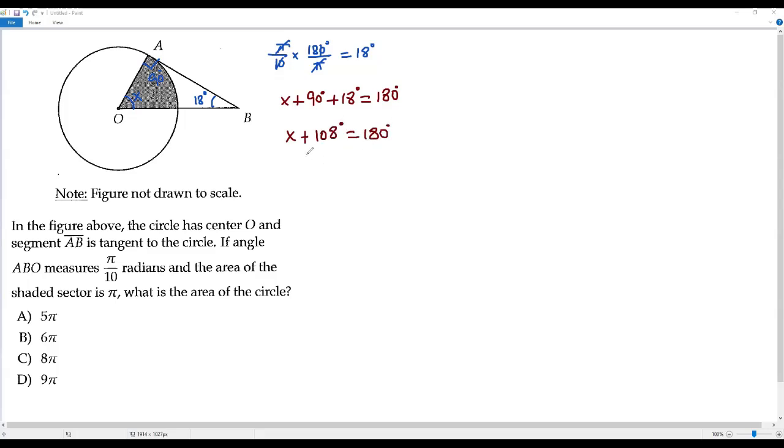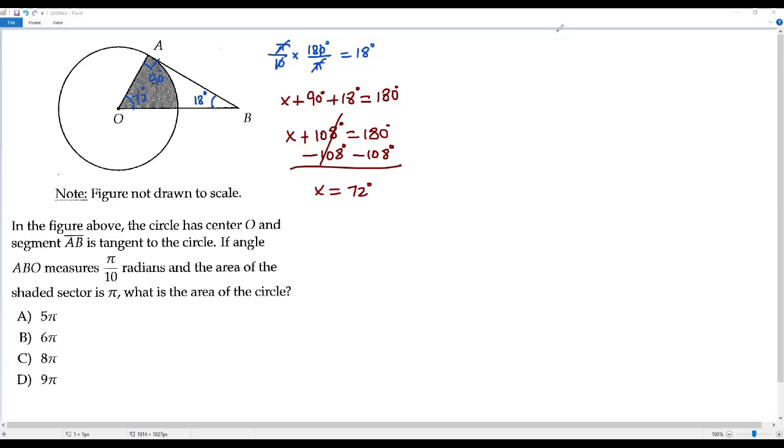Now to solve for x, I subtract 108 degrees from both sides. When I do so, the positive and negative 108 cancel. I'm getting x equals 180 minus 108, which is 72 degrees. Now I got the central angle of the sector, that is 72 degrees. Let me erase the x and mark the 72 degrees angle measure over here.